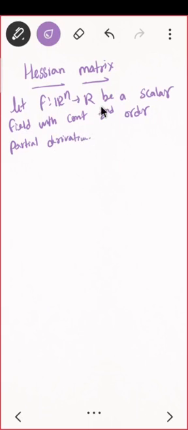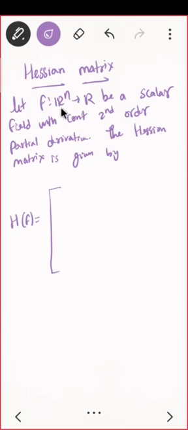The Hessian matrix is given by HF, that is called Hessian of function f.